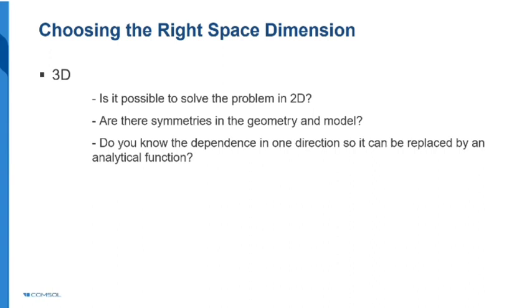If it is, you can reduce your problem and apply the appropriate boundary conditions. The next good approach could be, if you know the dependence in one direction, you can represent that dependency in terms of some analytical function. In such cases, rather than modeling the entire 3D object, you can represent that one-directional dependence using an analytical function.